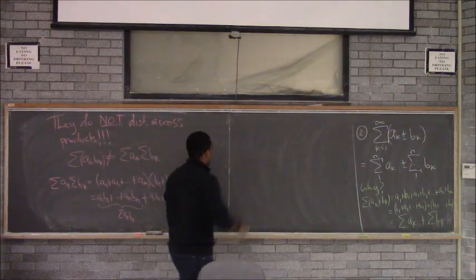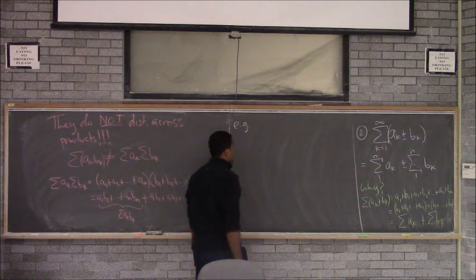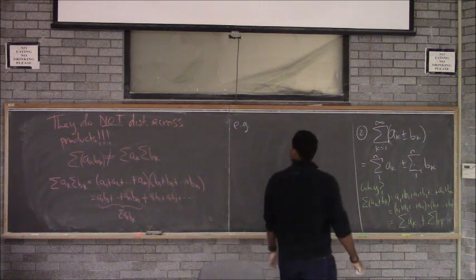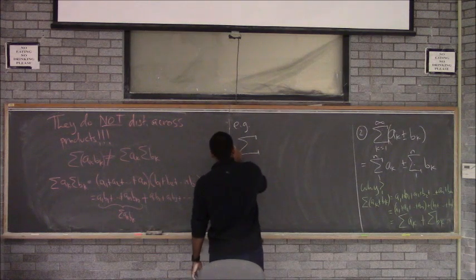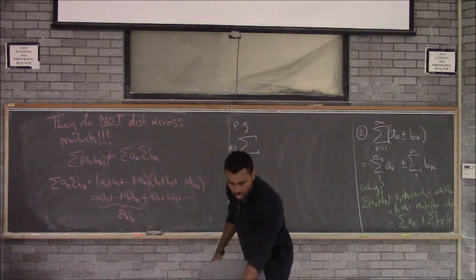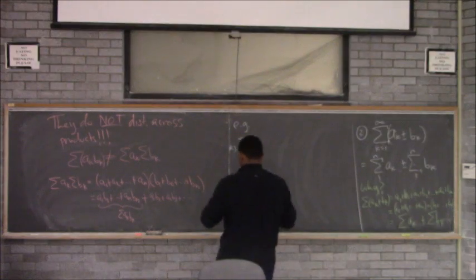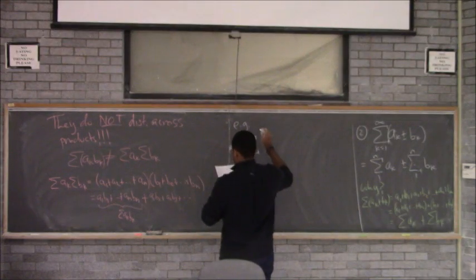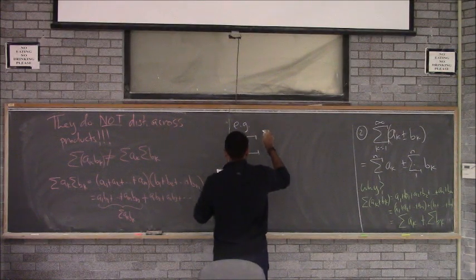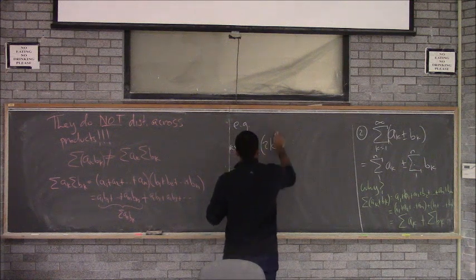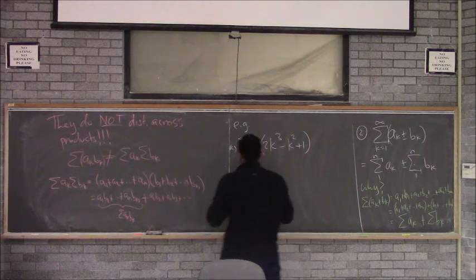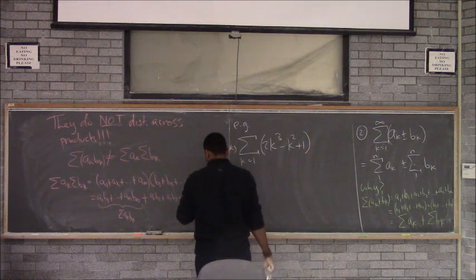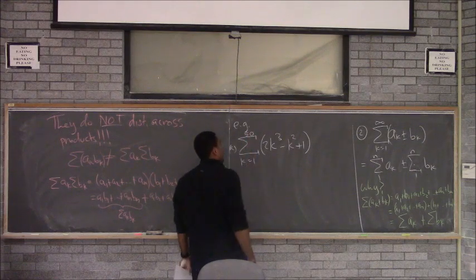Let's do some examples. Find the sum. Let's do 2. Say I wanted to add up a bunch of things that look like that, with k going from 1 to 50.